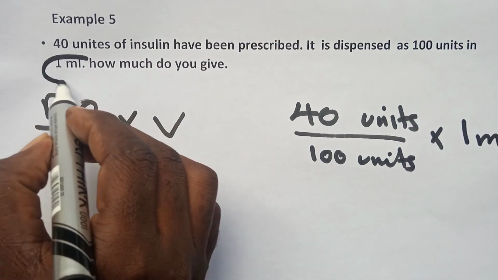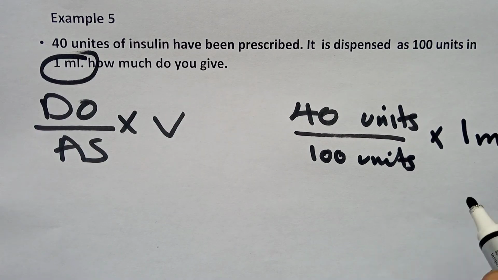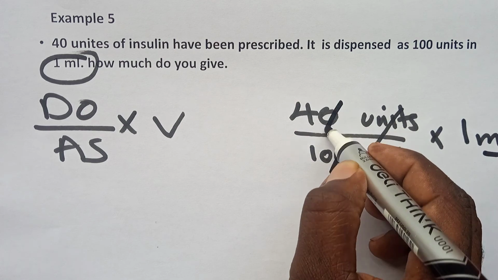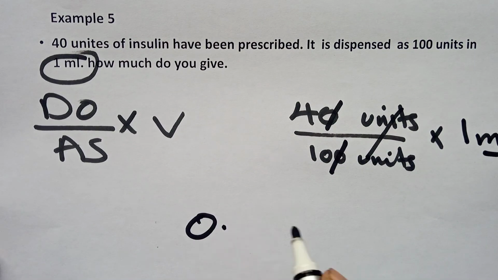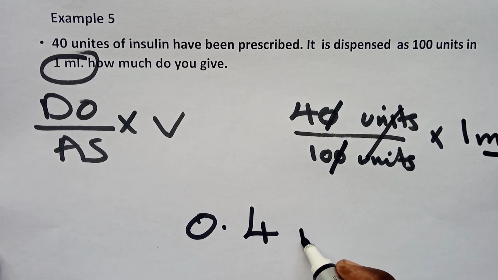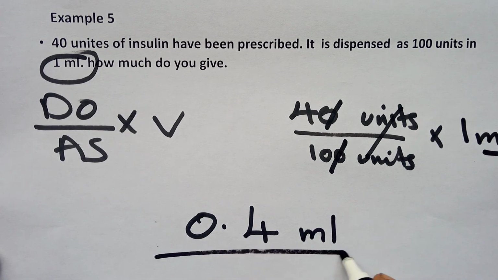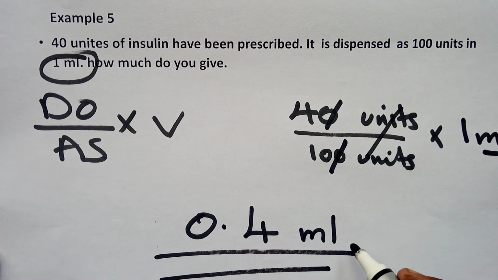Then you are going to divide, units cancel, then you are going to remain with mils there. Okay, 0 and 0 goes, then 10 into 4, you see 0.4 mil. Okay, this is what you are going to administer to the patient who needs insulin.